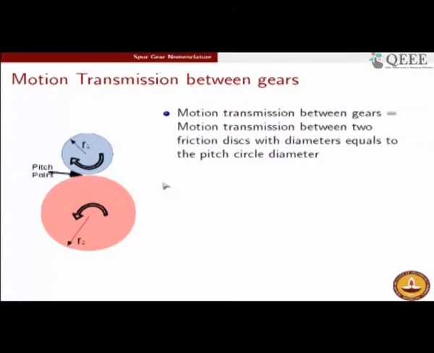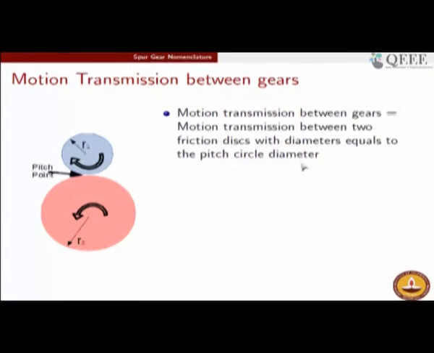Okay. So, let us now once again look back at how the motion transmission of gears happens. With this analogy, we are saying that the motion transmission between gears is identical to motion transmission between two friction discs with diameters equal to the pitch circle diameter.